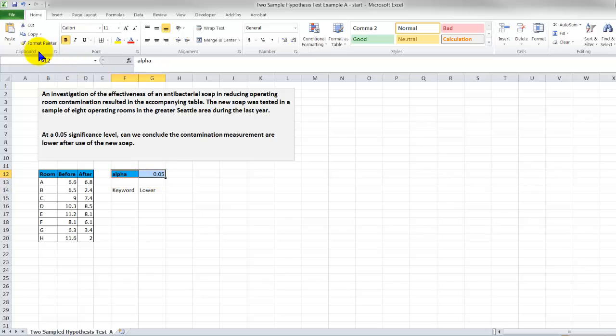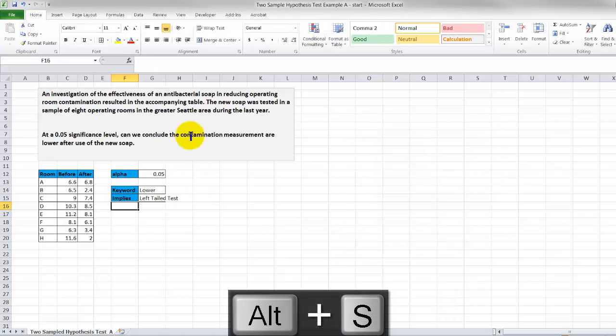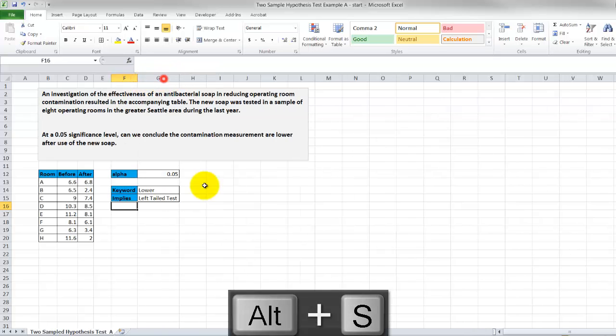The keyword, again, is lower. So what that means is we're going to want to write a left-handed hypothesis statement for the alternative. So this implies a left-tailed test. Okay, so we have that left-handed test we'd like to write.